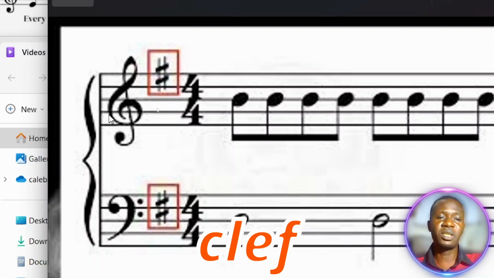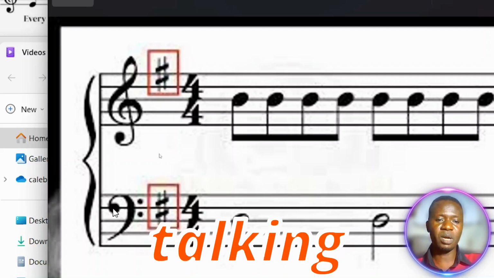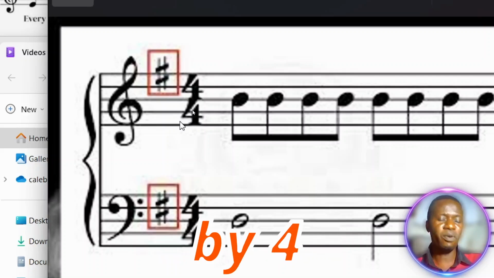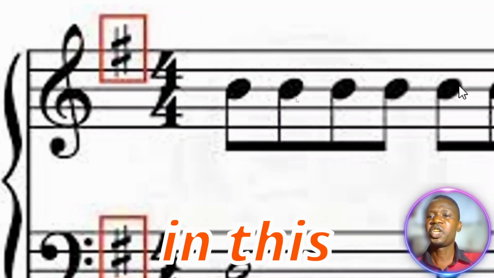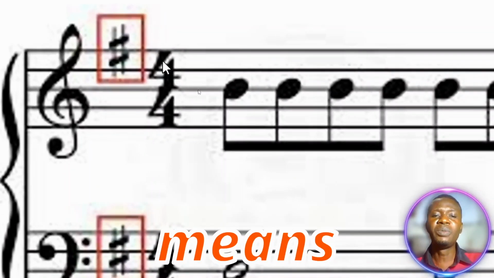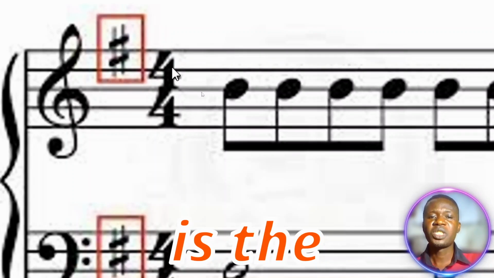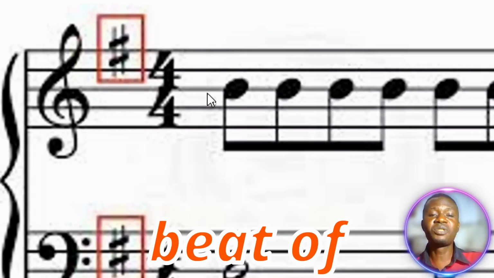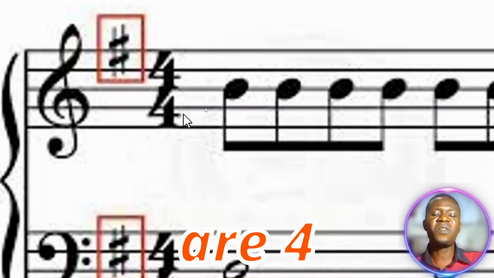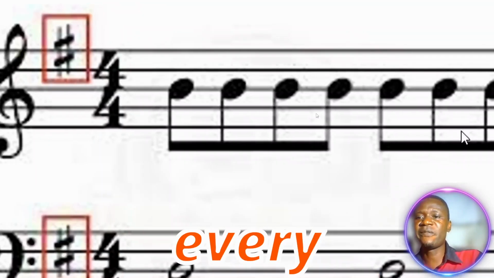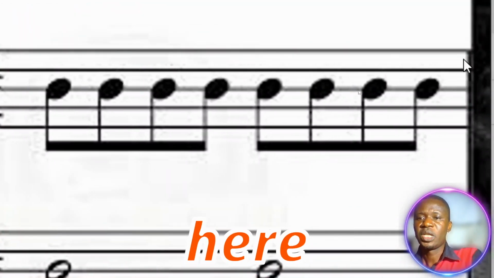And this is the clef, which is the treble clef, and this is the bass clef, the one I was talking about, and it has a 4 by 4, which means in this song the 4 means the quarter note is the one that has the beat of this song, while there are 4 quarter notes in every music division here.